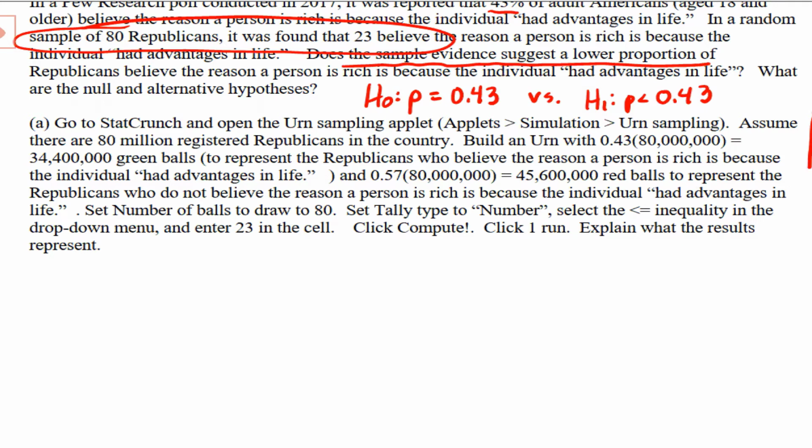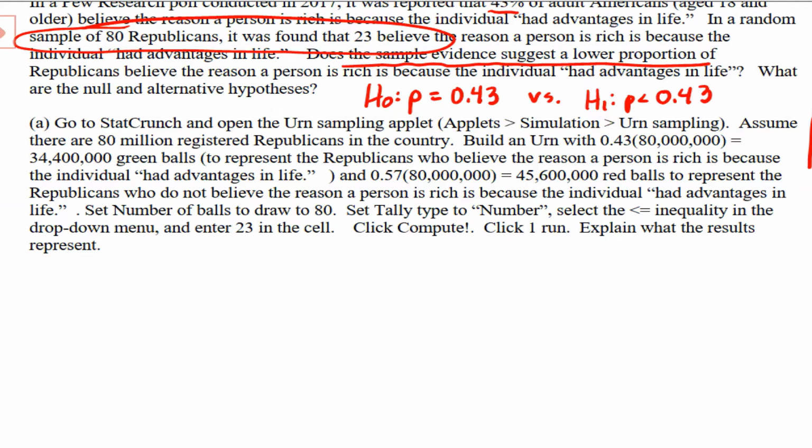We're going to assume, so that we can build the population, there are 80 million registered Republicans in the country, which is about right now. When we build the urn, we're going to make 43% of them green balls. So we're going to build this urn applet so there are 34,400,000 green balls. Each of those green balls is going to represent a Republican who believes the person is rich because they had advantages in life.